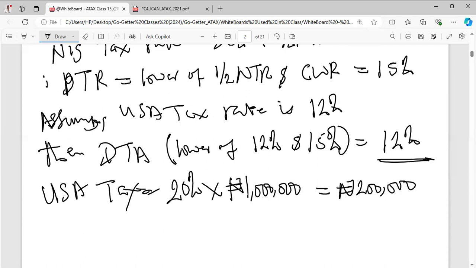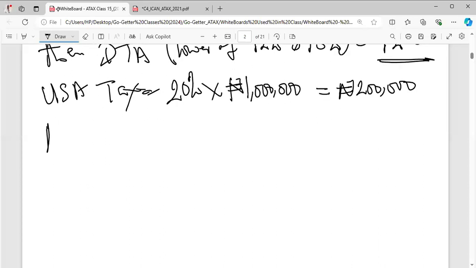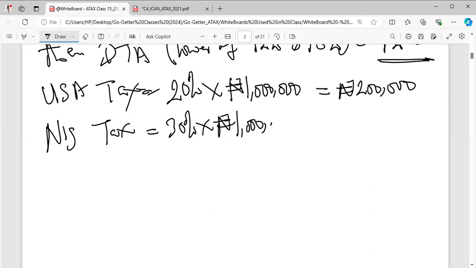200,000, right? Okay. So what it now means is that Nigeria tax should be 30% of 1 million. That should be what? 300,000, isn't it?